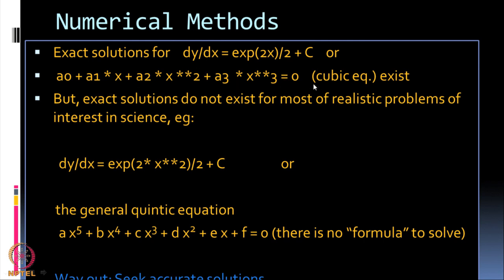The second example is a cubic equation. What is a cubic equation? A0 plus A1 into x plus A2 into x square. This double star means square; this is the Fortran language. X star star 2 means x raised to the second power, plus A3 into x star star 3, that is x raised to the third power.